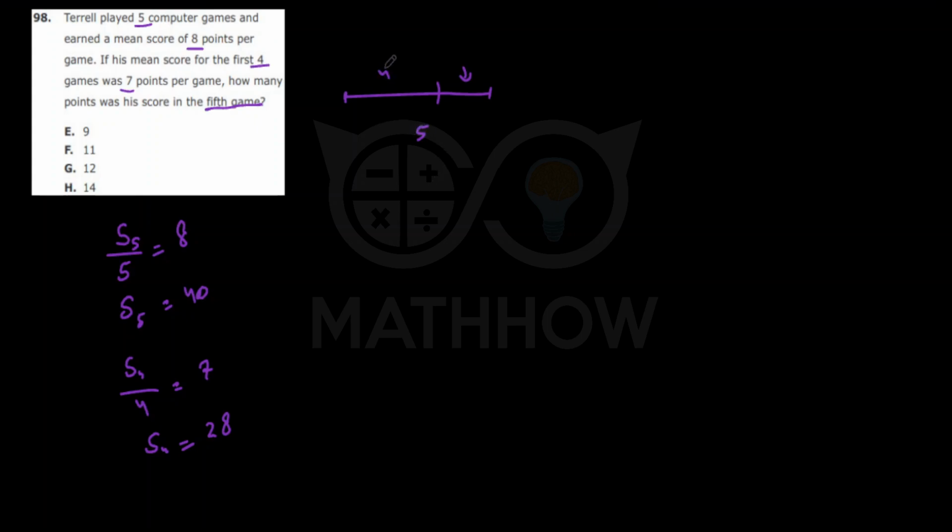Subtract the total score of 4 games from the total score of 5 games. S5 minus S4 equals 40 minus 28. This will be 12. So the score earned in the 5th game is 12 points. Correct answer is option G.